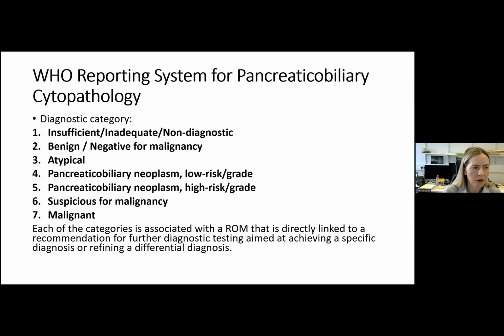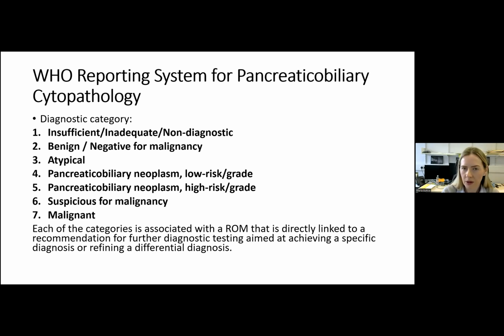So just to summarize, in the WHO reporting system we now have 7 categories. Number 1, insufficient, inadequate, or non-diagnostic, is exactly the same as the Papanicolaou classification. Number 2, benign or negative for malignancy, includes non-neoplastic lesions, benign lesions, and neoplastic benign lesions such as serous cystadenoma, and I will show you some examples of these.